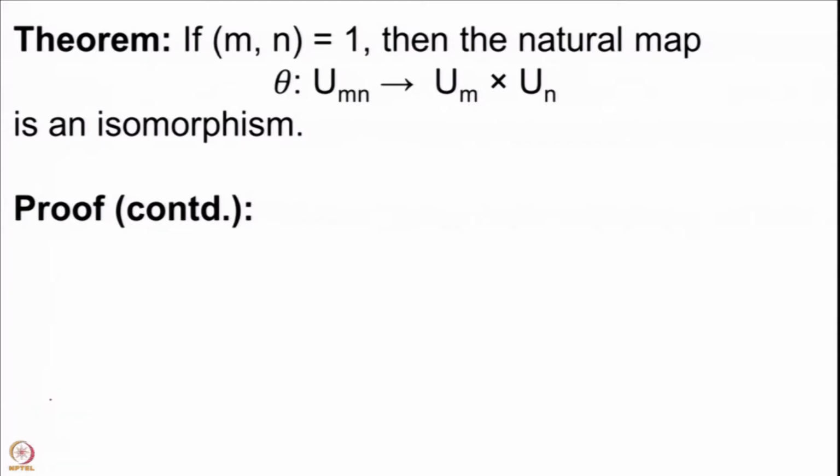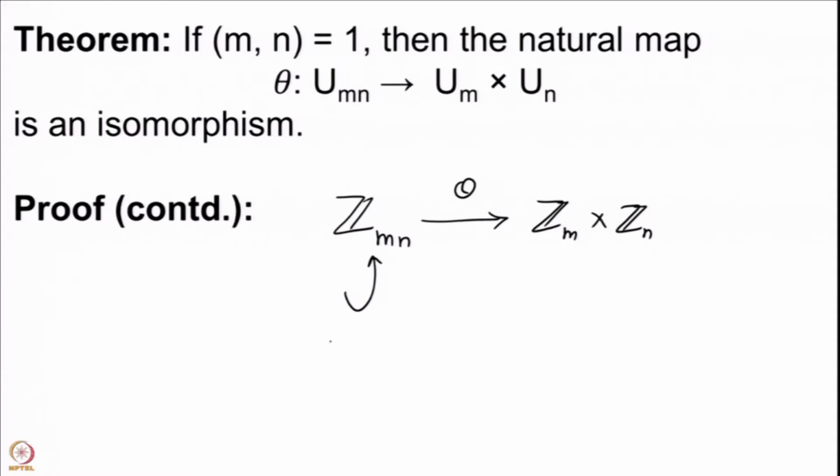So, to give you a flavor of some advanced mathematics, or the way this advanced mathematics is done, by looking at these commutative diagrams. So, we have this is the map theta, we have U_mn sitting here, we have U_m cross U_n sitting here.